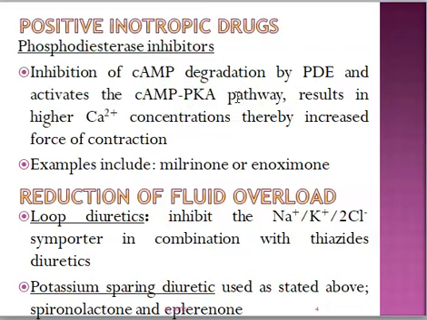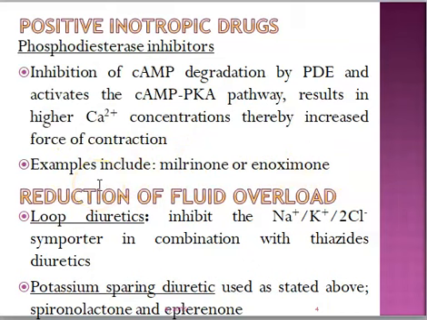It has been explained clearly in pharmacodynamics, so I'm sure you can just follow. Now, you can just say that they inhibit the cAMP degradation by phosphodiesterase enzyme, and of course this results in higher calcium concentrations, thereby increased force of contraction. We have those drugs, milrinone and enoximone.